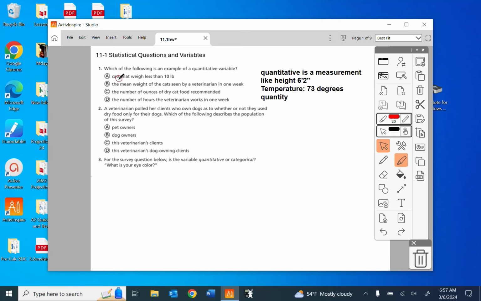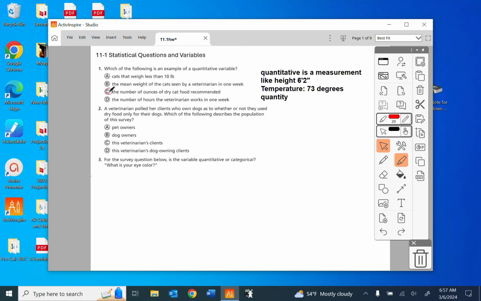Anyways, cats that weigh less than 10 pounds. Is this a select all? Actually, no, sorry, the first one's not that one. That would be a quality. The mean, which is the average, that would be a quantitative variable.